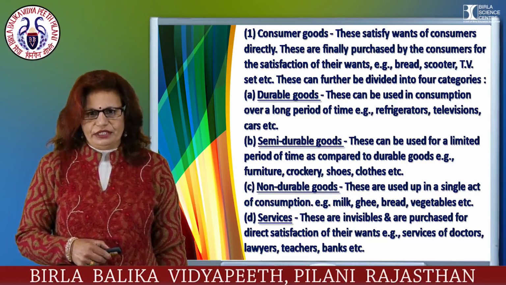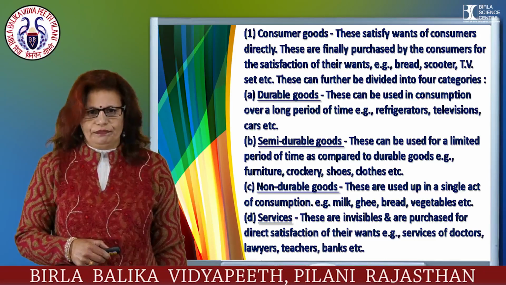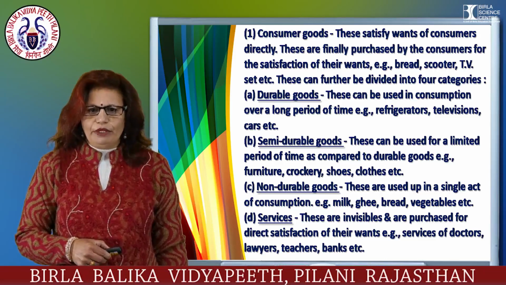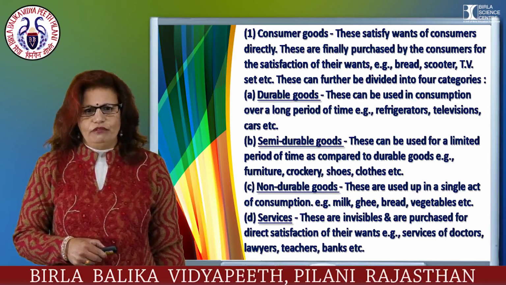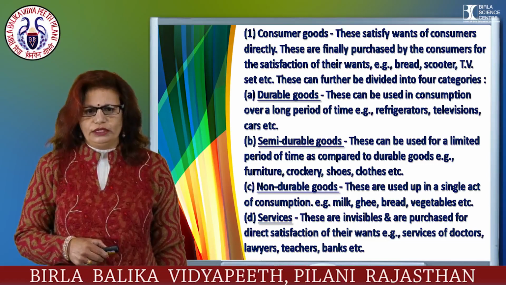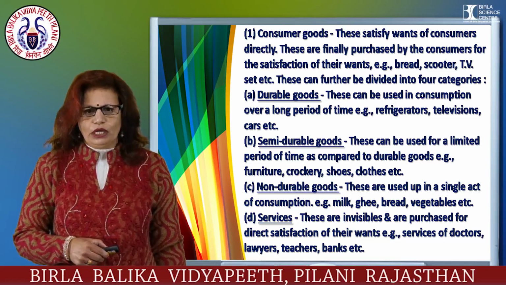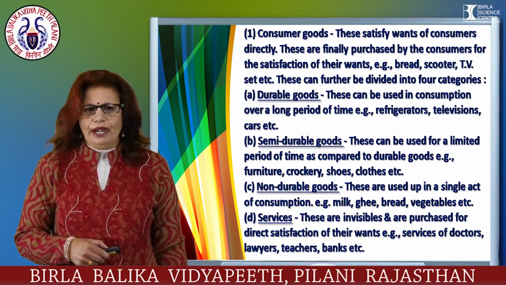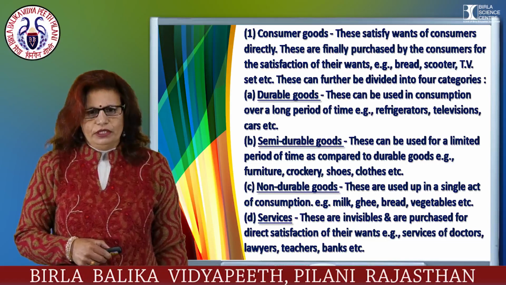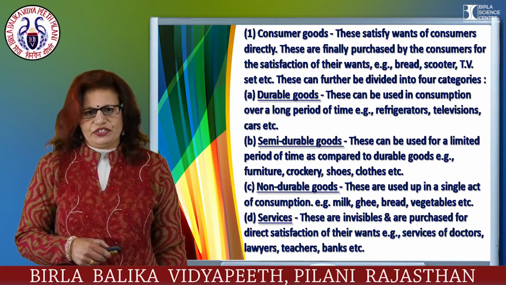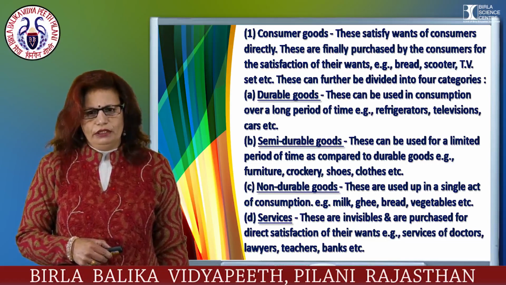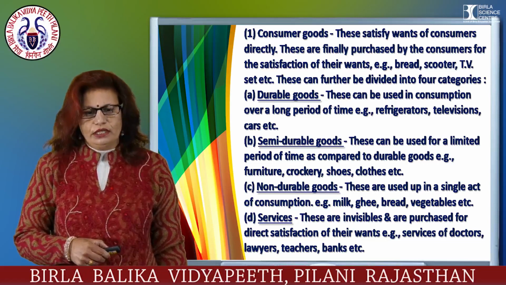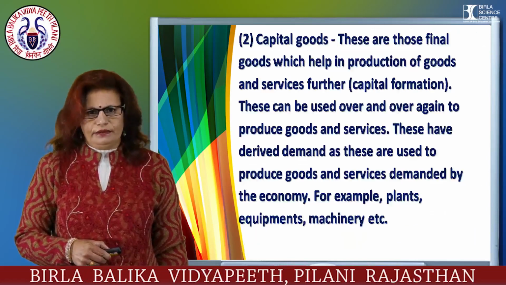For example, refrigerators, televisions, cars, etc. Semi-durable goods can be used for a limited period of time as compared to durable goods, for example, furniture, crockery, shoes, clothes, etc. Non-durable goods are used up in a single act of consumption, for example, milk, ghee, bread, vegetables, etc. Services are invisible and are purchased for direct satisfaction of wants, for example, services of doctors, lawyers, teachers, banks, etc.